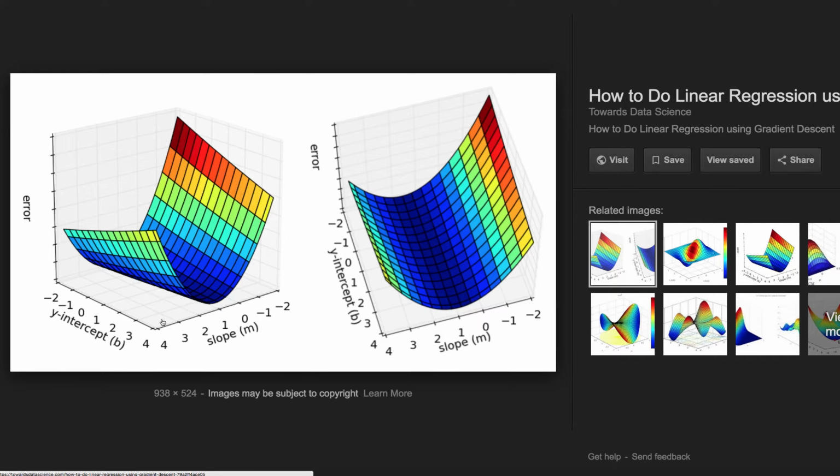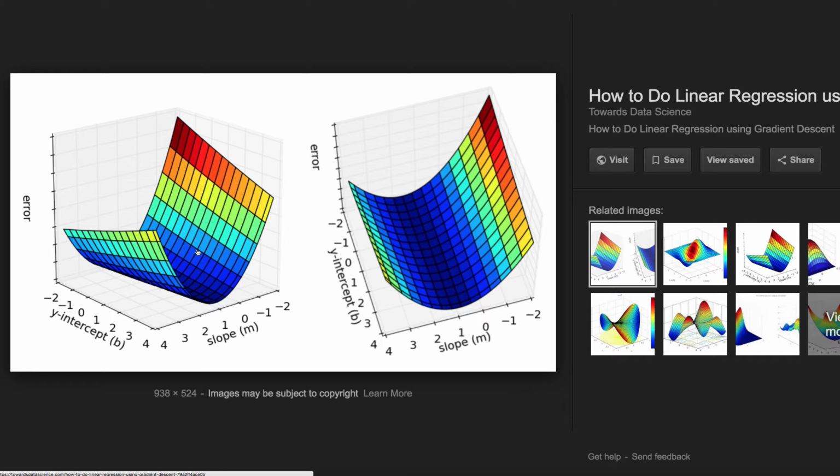Okay. And then if the y-intercept is 1 and the slope is 3, and again I'm guessing, then the error would be 1.5, right? And so for every fraction of the y-intercept and every fraction of the slope, we can draw a dot for the error, and it would create this surface. Okay. And so what is gradient descent?